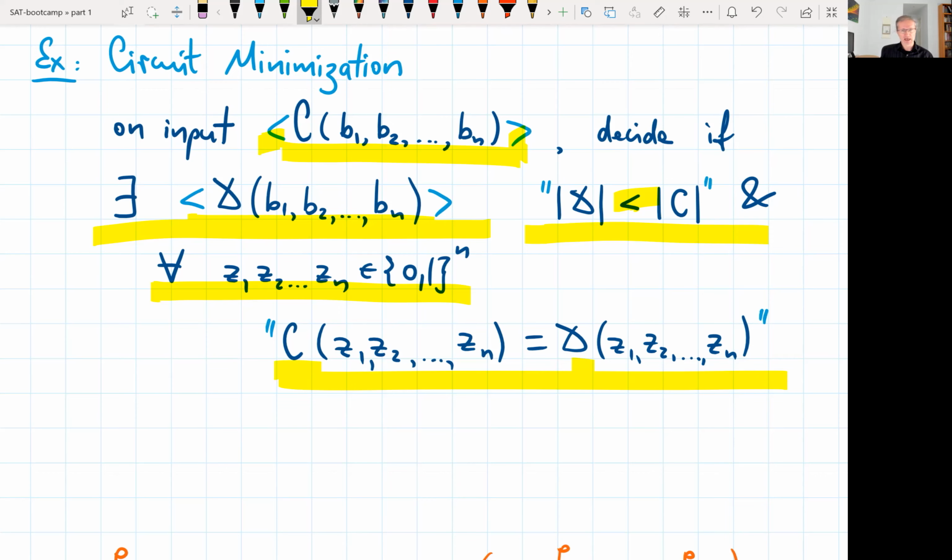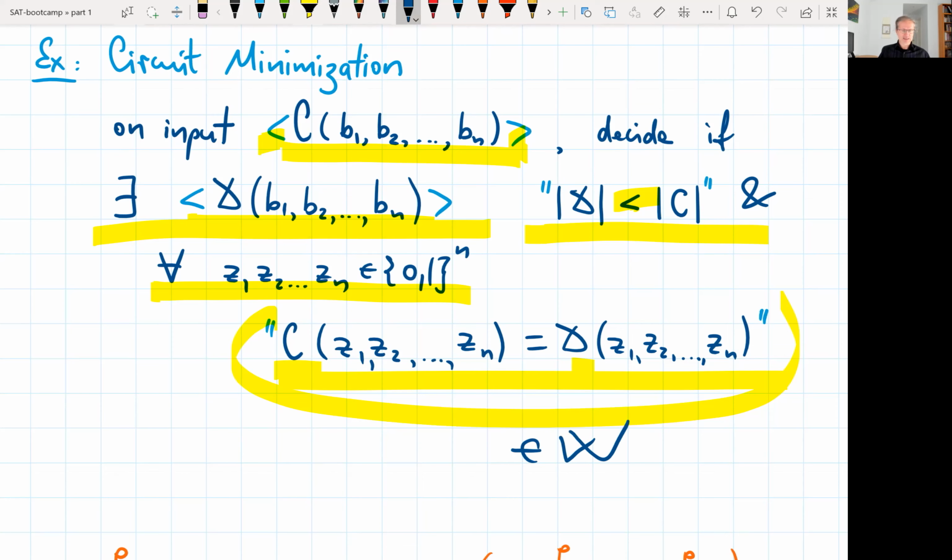Given a circuit, you can plug in the values for the inputs and just evaluate the circuit gate by gate. So it's very easy to do in polynomial time. And that's why the whole thing down here is in polynomial time. And so you get a sigma 2 definition for your problem.